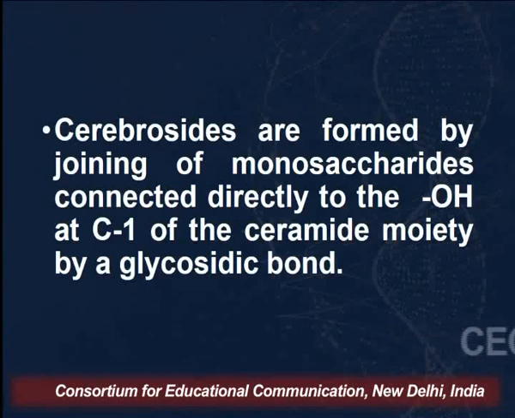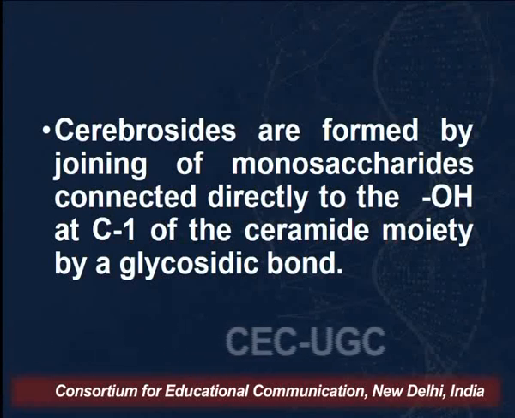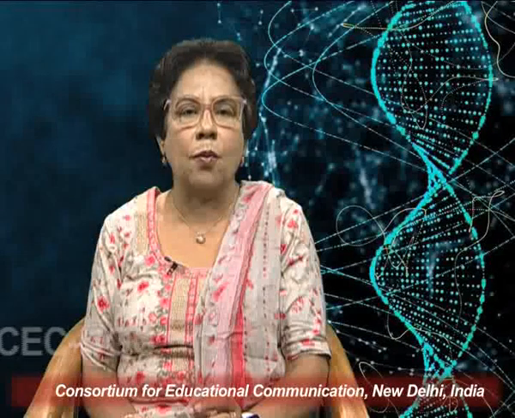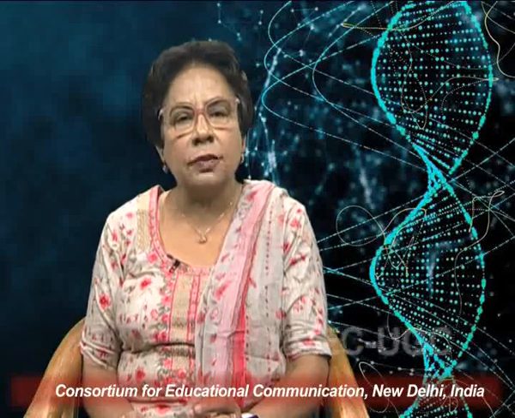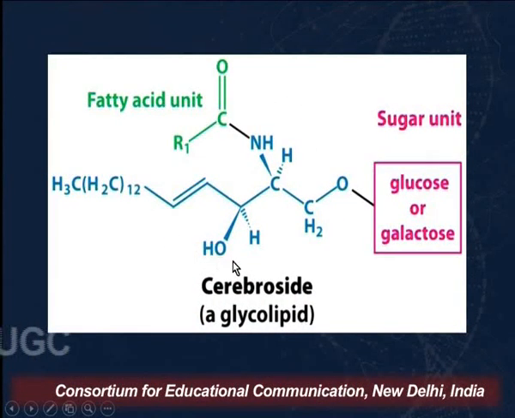They are formed by a monosaccharide connected directly to the OH at the C1 of the ceramide moiety by a glycosidic bond. So what do we find here? This is your ceramide. When I talk of ceramide, we are talking of this unit, and now this is attached to a glucose or a galactose unit.